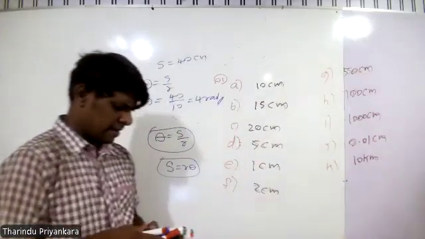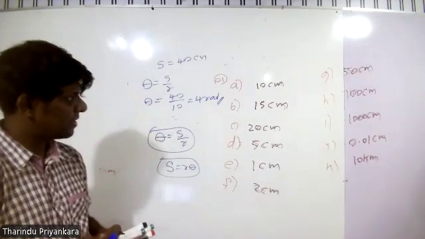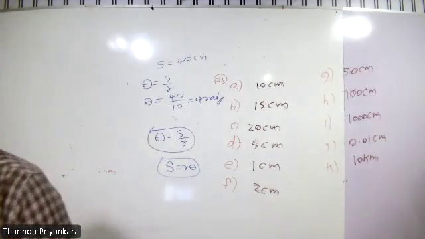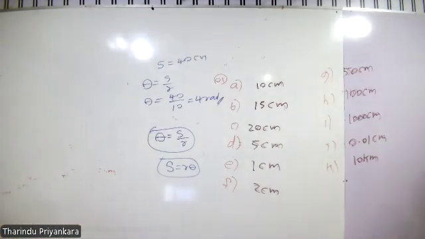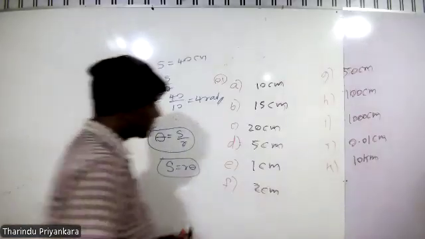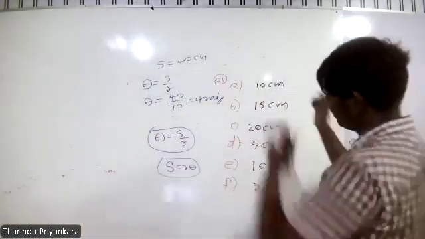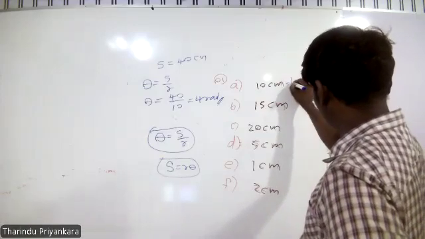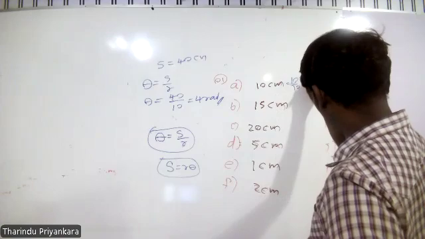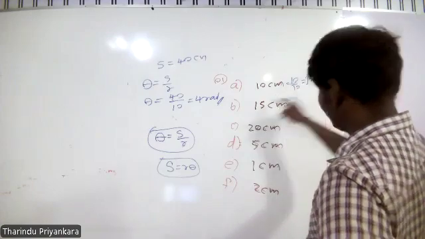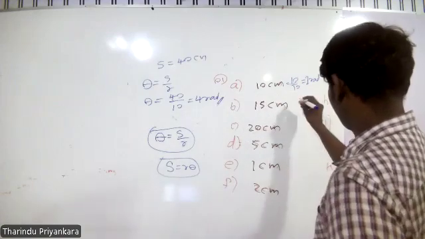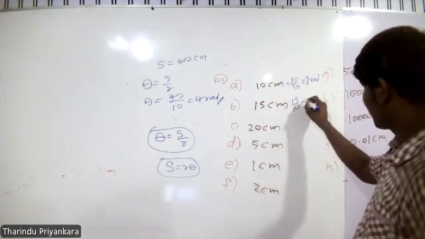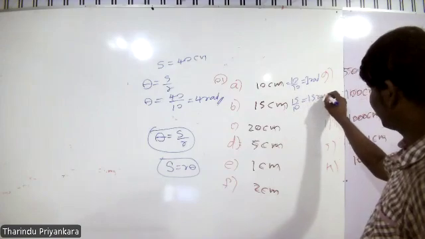Okay. Let me do it here. For 10 centimeters, it is going to be 10 over 10. This one radian. Here, 15 over 10. It is 1.5 radian.